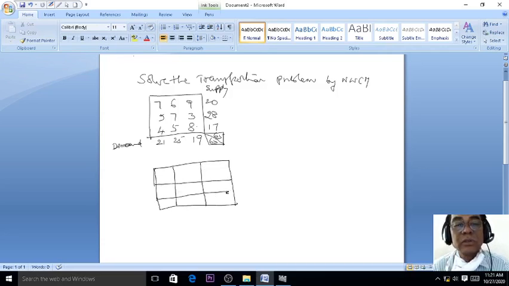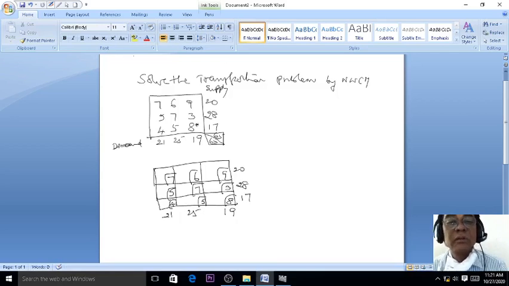Put the elements here: 7, 6, 9, next 5, 7, 3, 4, 5, 8, and 21, 25, 19, and this is 20, 28, 17. Okay, now come to this point.